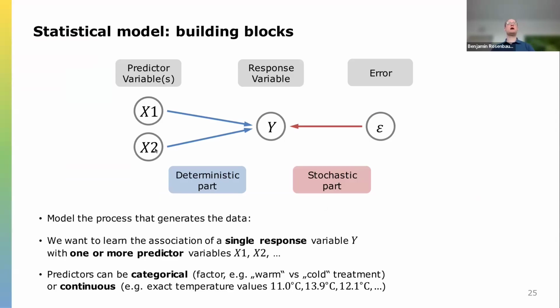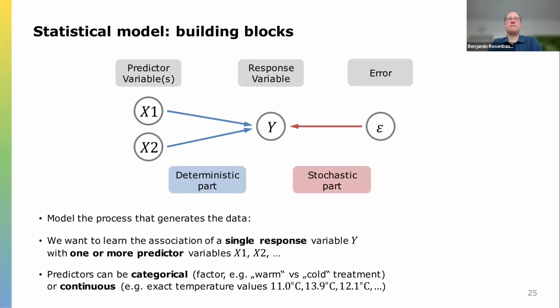So we want to learn how this response variable is associated with at least one of the predictors. I mean, there are also models without any predictor, but this is a very special case. Usually you have at least one predictor, and you want to learn about the association between the predictor, some environmental covariate, for instance, and your response variable.